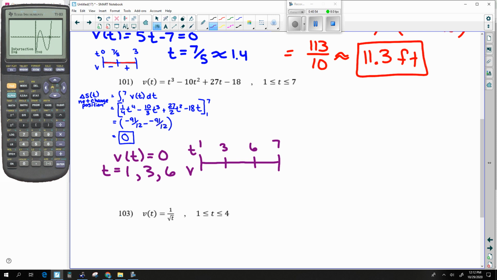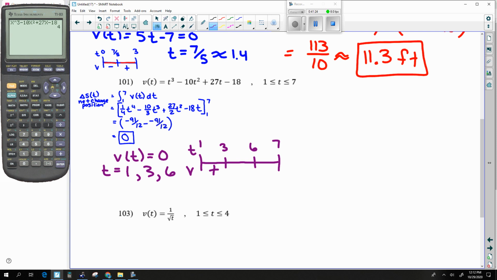And so at time 2, for instance, plugging that into my velocity, not the derivative, into the velocity, I see that that is positive.